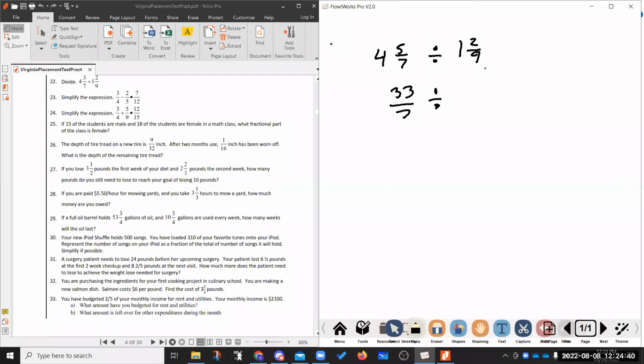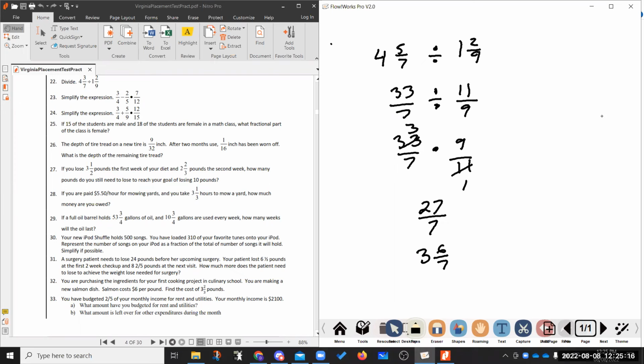And let's make this 11/9. It's 33. I think they meant to do one of these or something cancels. Okay, so that's going to be 27/7. And 7 goes into 27 3 times with 6 left over.